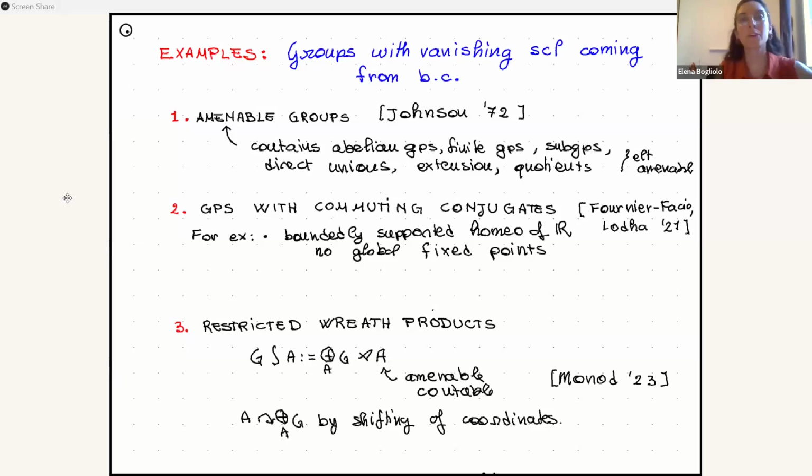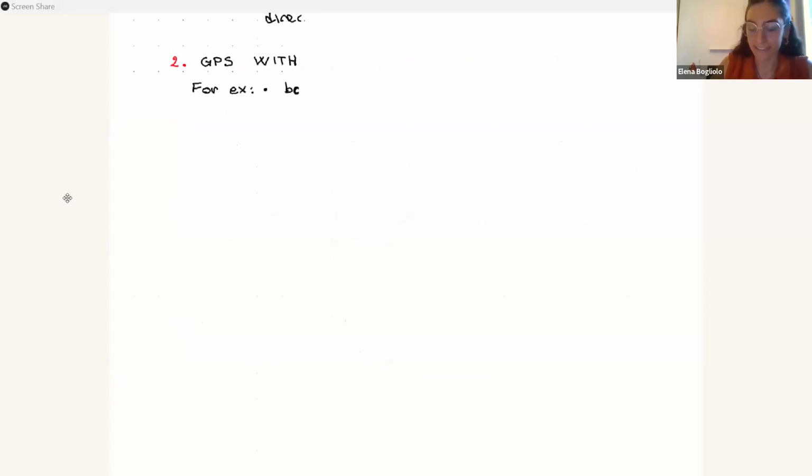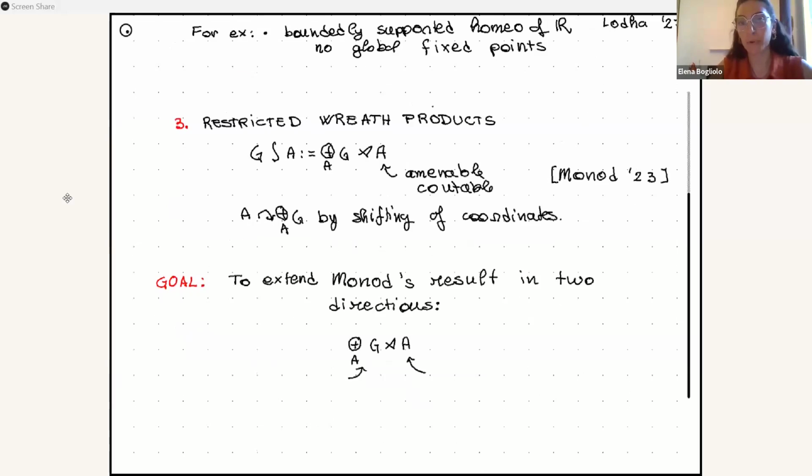Okay, so the goal of this talk is to extend this result by Monod in two different directions. So we want to still have the vanishing of stable commutator length, but for a larger class of wreath products.